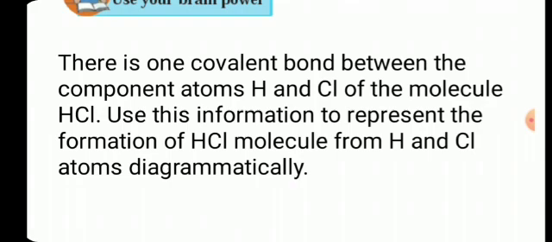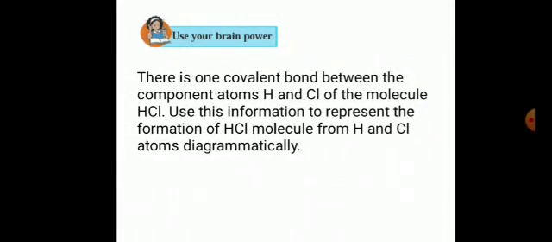Clear? You will come to know how HCl molecule is formed from hydrogen and chlorine atoms by formation of covalent bond between them, and we will discuss the diagram of formation of HCl molecule in the exercise based on this lesson in next video.